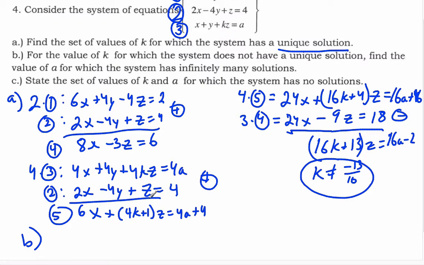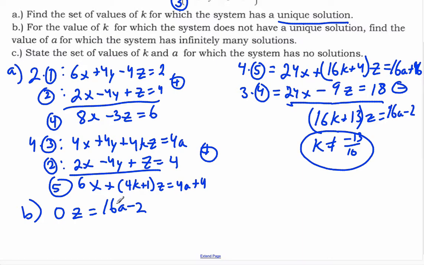What you get then is you get 0z here equals 16a minus 2. Okay, so we get infinitely many solutions when this is equal to 0, then you get an infinite number of possibilities for z, and you get an infinite number of solutions. Okay, so this happens when, well, when a equals 2 out of 16 or 1/8.